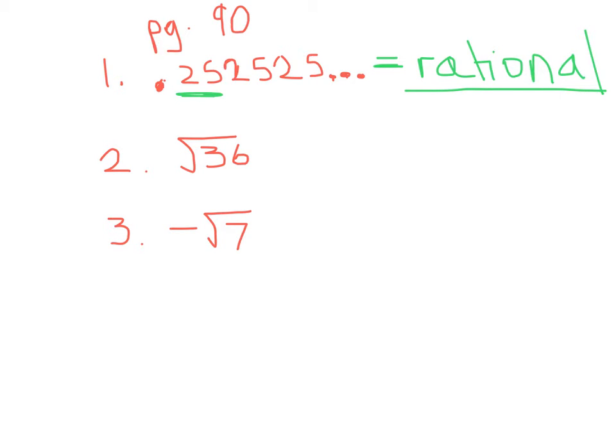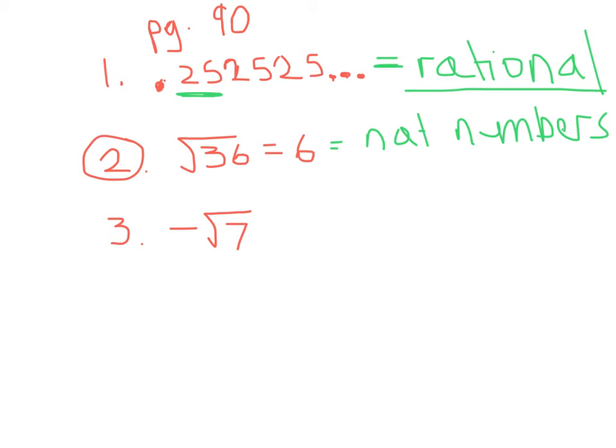Moving on to 2, we have the square root of 36, and we're going to take just the positive square root because it doesn't ask us for both. And as you can see, we have the number 6, and 6 belongs to the natural numbers because it's a whole number bigger than 0.